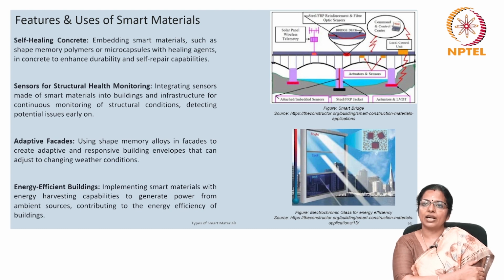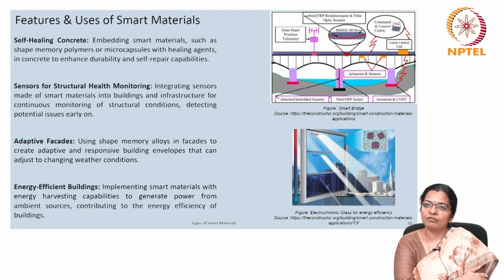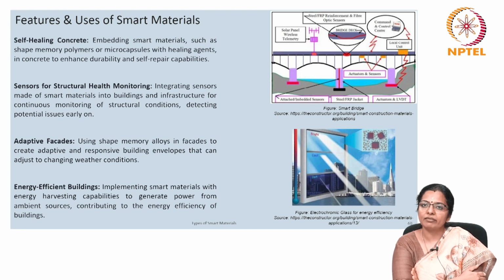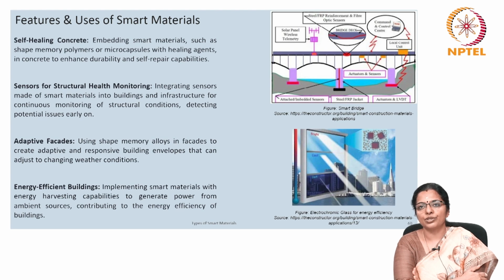Sensors for structural health monitoring: integrating sensors made of smart materials into buildings and infrastructure for continuous monitoring of structural conditions, detecting potential issues early on. There are adaptive facades, using shape memory alloys in facades to create adaptive and responsive building envelopes that can adjust to changing weather conditions.